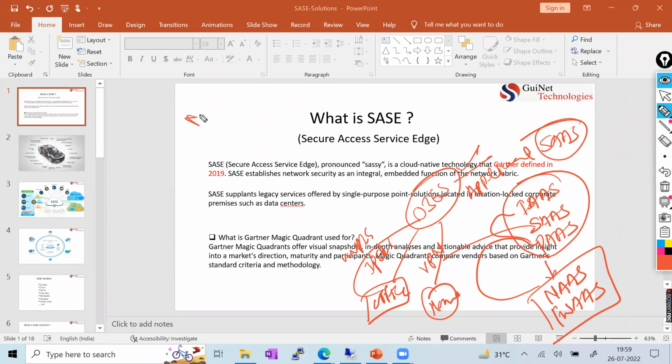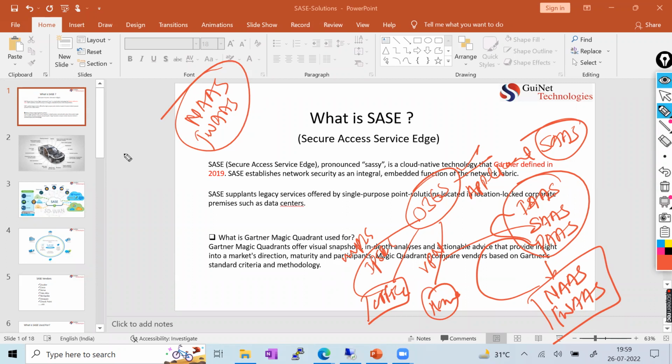Similarly, if I'm talking about NaaS, network as a service, and firewall as a service, what that means is I'm designing a network like that. Anybody can come to my network.